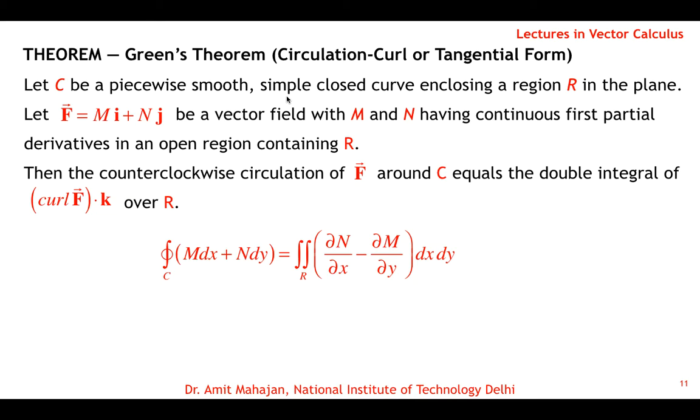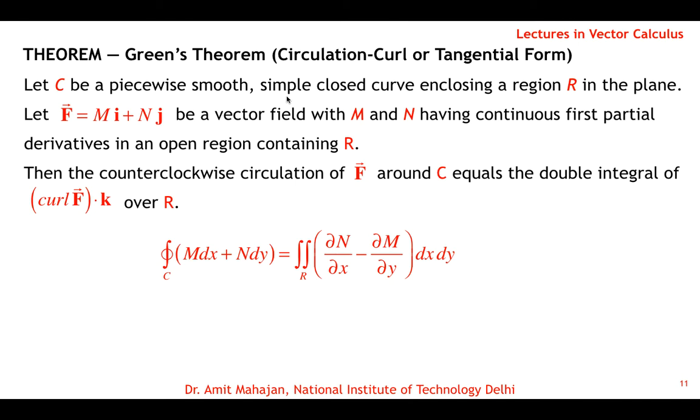Like if I create a curve like the sign of infinity, or an 8, then that curve is closed but not simple because it crosses itself. But a circle or a rectangle or square or triangle are closed as well as simple because they only meet at the end points.